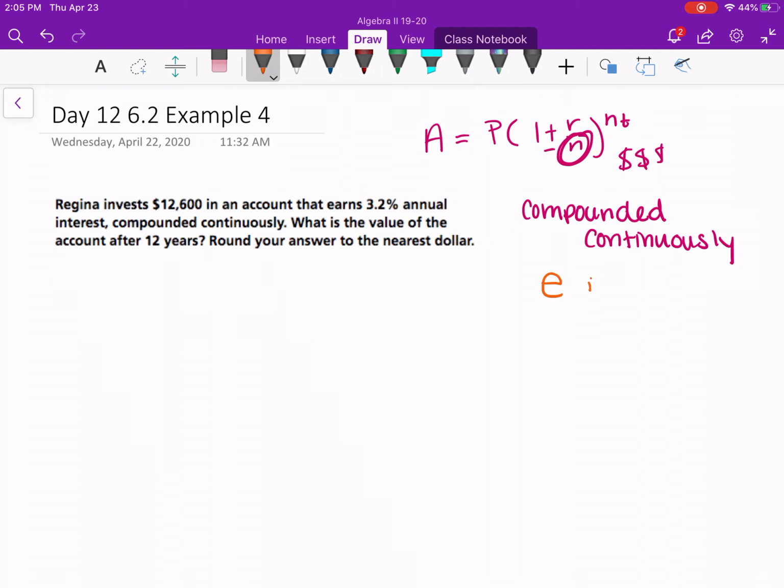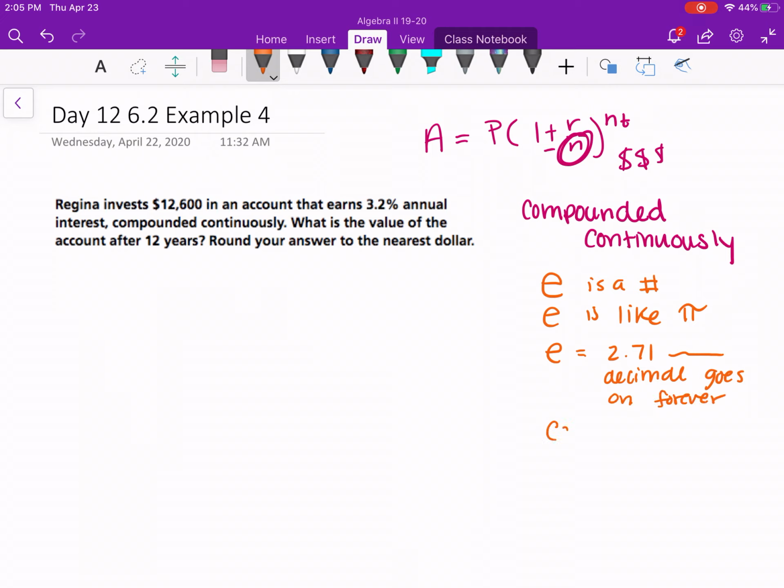So E is a number. E is like pi. E has a value of 2.71 and then it goes on forever, okay? So the decimal goes on forever.